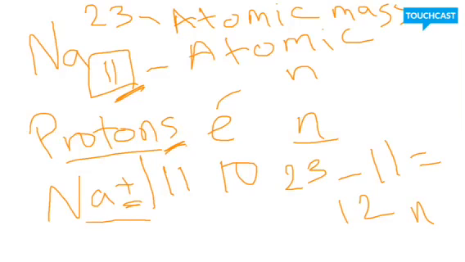But we know that Na lost 1 electron. That means we need to take away 1 electron. Therefore, Na plus has 10 electrons. The number of neutrons remain unchanged. So what you do, you subtract the atomic number, or the smaller number, from the bigger number, and that will give you the number of the neutrons.